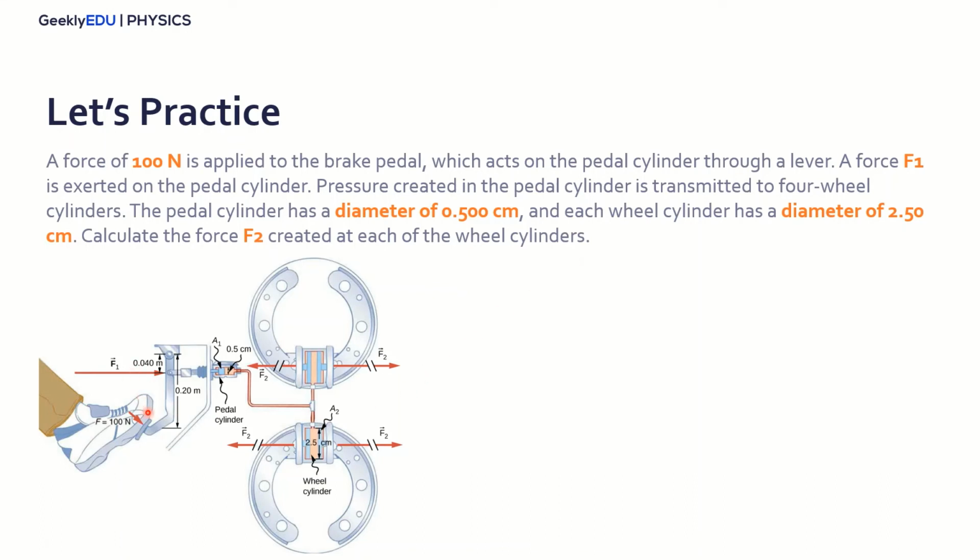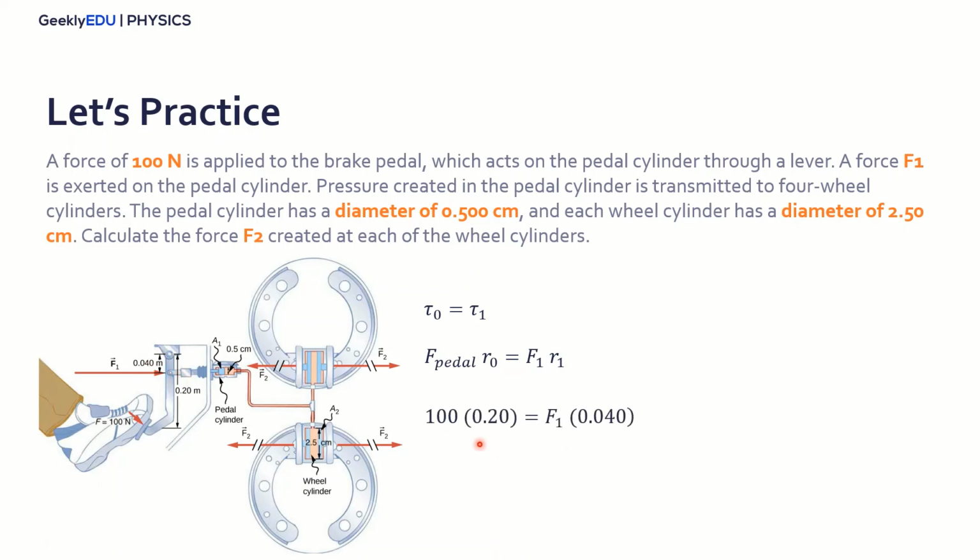Okay, so we are applying a force here on the pedal that's transmitted to the small cylinder and then to the bigger ones of the wheel, the wheel cylinders. Alright, so first we need to calculate this force F1 here. Well, we can say that the torque at this position here needs to be the same as this one because we have an equilibrium, right? So the force applied on the pedal times this lever arm here is the same as the force that's applied on the cylinder times the lever arm over here.